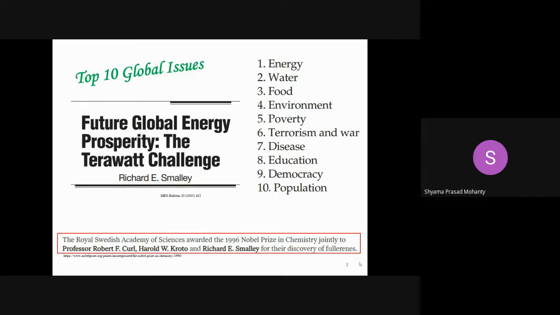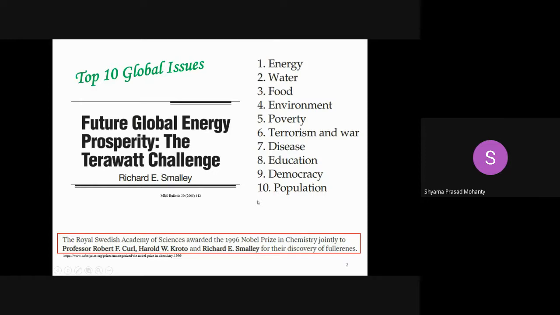His article in MRS Bulletin in 2005 highlighted the 10 global issues, and you can find that energy is at the top. Then water, food, environment, and others follow.